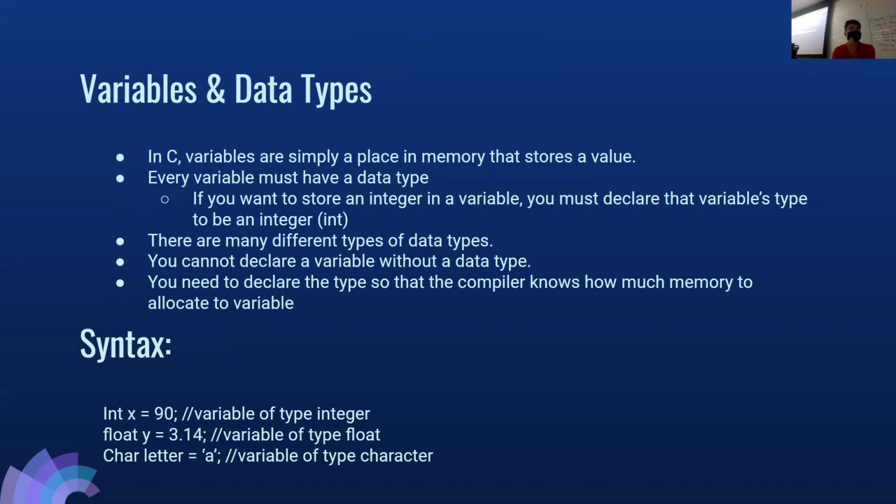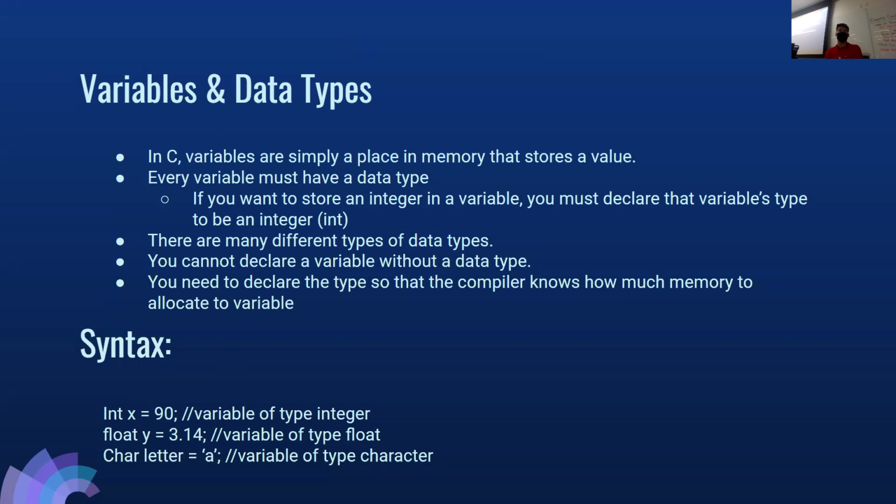So you guys might know Python and stuff. For variables, you don't have to specify what type of variables they are in Python. In C, you have to specify. What I mean by specify is you can't just have a variable and assign it an integer.